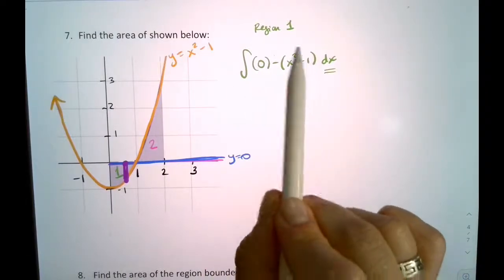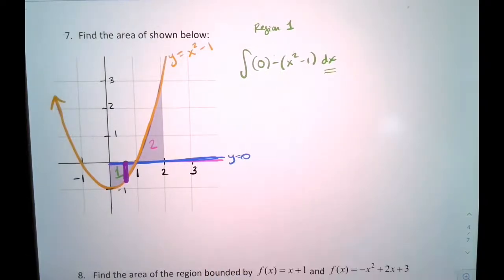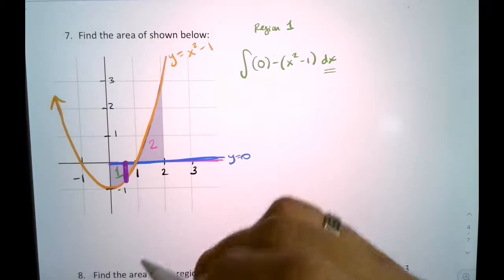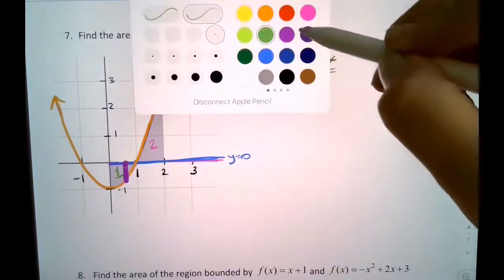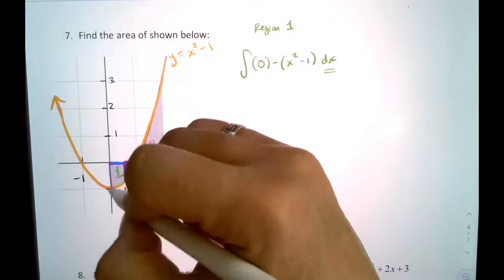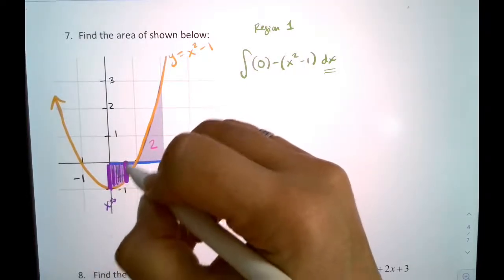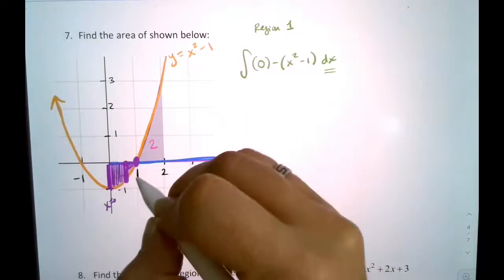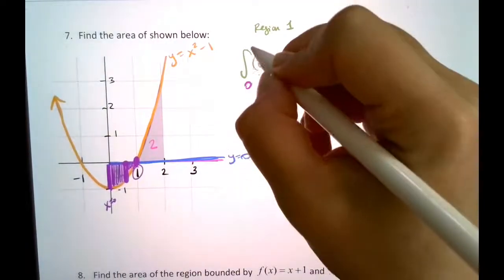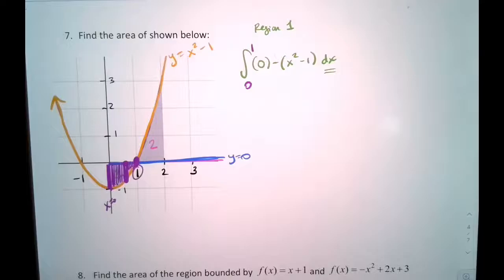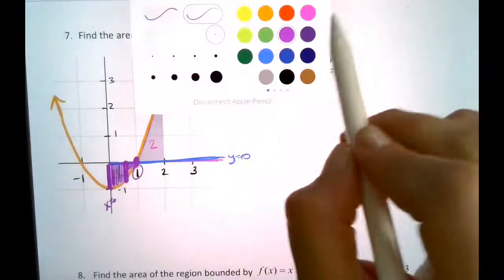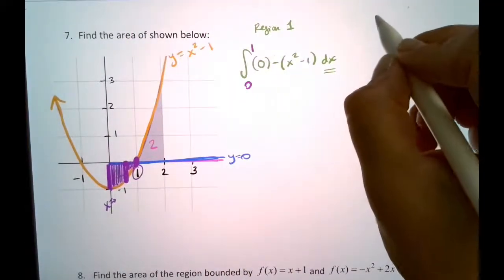I've got all x values inside my integrand. That vertical rectangle would start at x equals 0 all the way on the left, and then keep building until I got here, where that intersection point is 1: 0 to 1. So that's region 1.